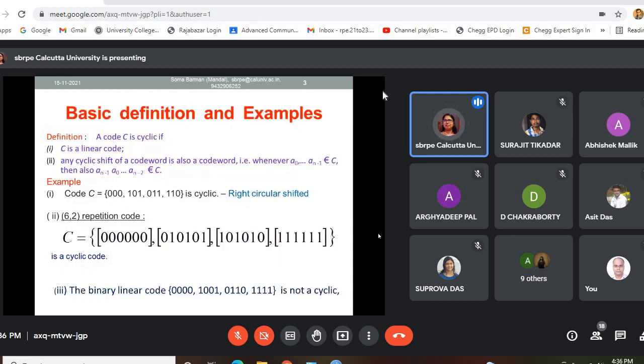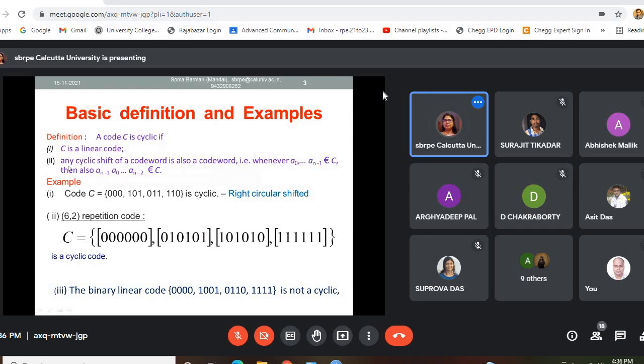So if I define the basic definition of the cyclic code, if I say C is a cyclic code, then a code C is cyclic if C is a linear code. Obviously it is a block code, a subclass of the linear block code. So C must be linear, that is, it must satisfy the superposition property.